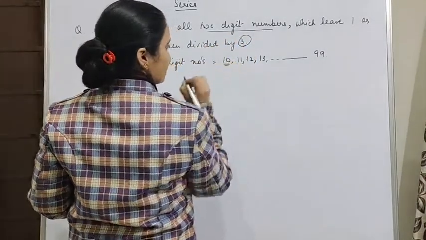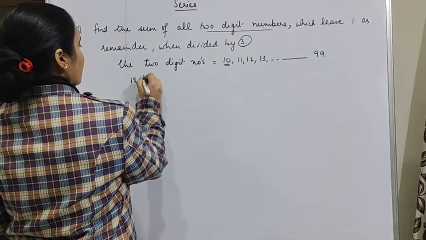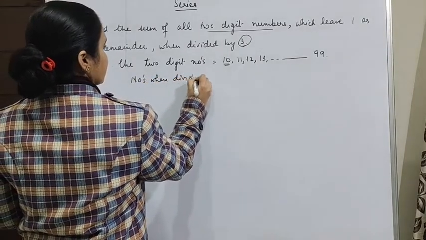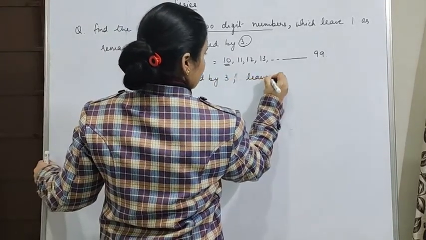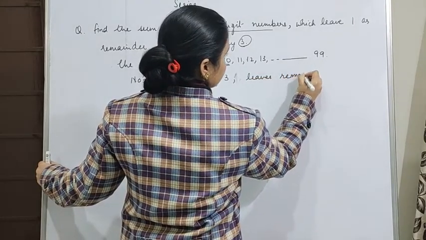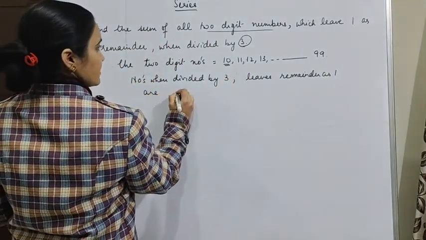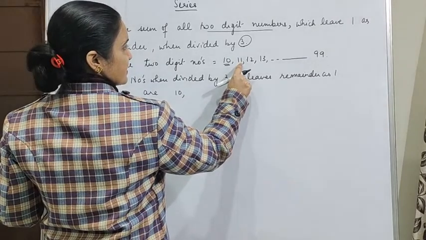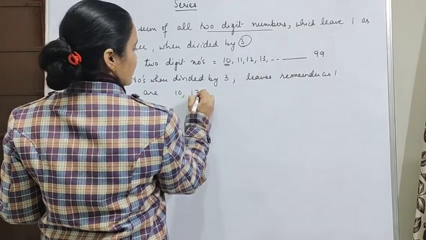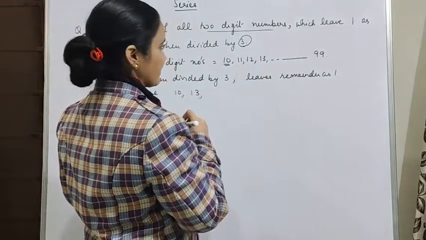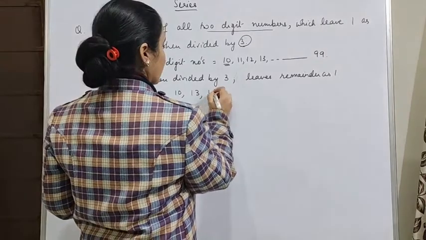So when 10 is divided by 3, you will get remainder 1. So the numbers which when divided by 3 leave remainder 1 are: 10. 11 divided by 3 we will get 2, 12 gives 0, 13 divided by 3 we will get 1, 14 divided by 3 we will get 2, 15 divided by 3 we will get 0 and 16 divided by 3 we will get remainder 1.